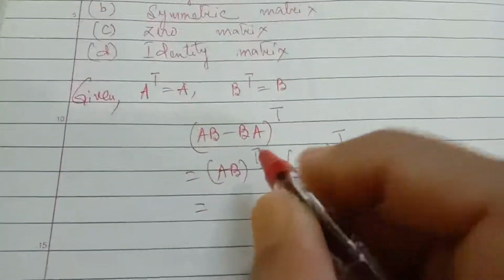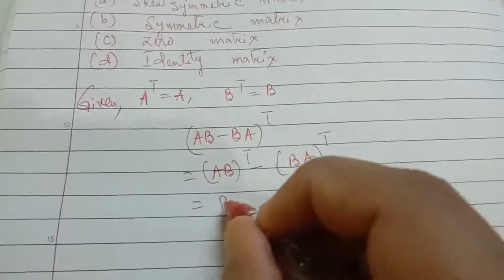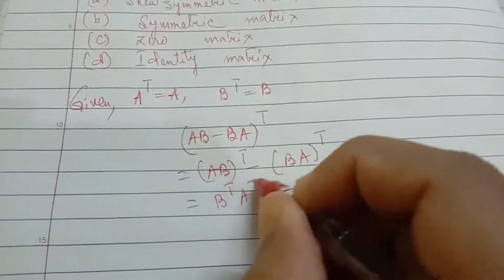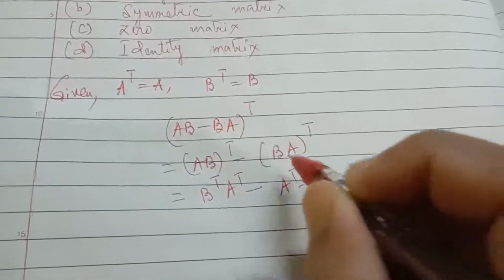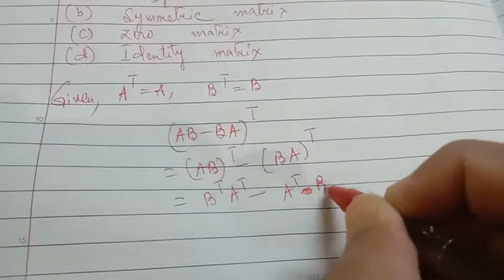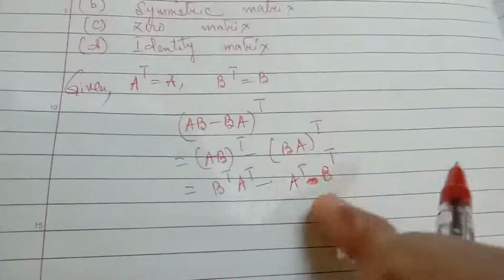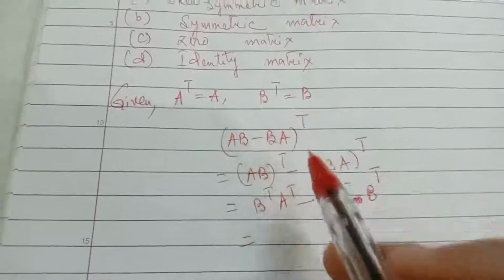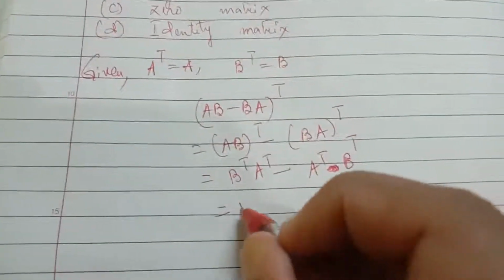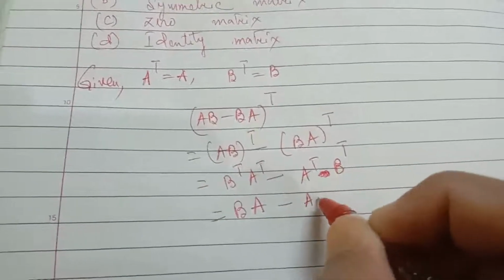A into B whole transpose, again by using property, is equal to B transpose A transpose, and B into A whole transpose is A transpose first, then B transpose. Given A and B are symmetric matrices, so B transpose equal to B, A transpose is A, minus A transpose is A, B transpose is B.